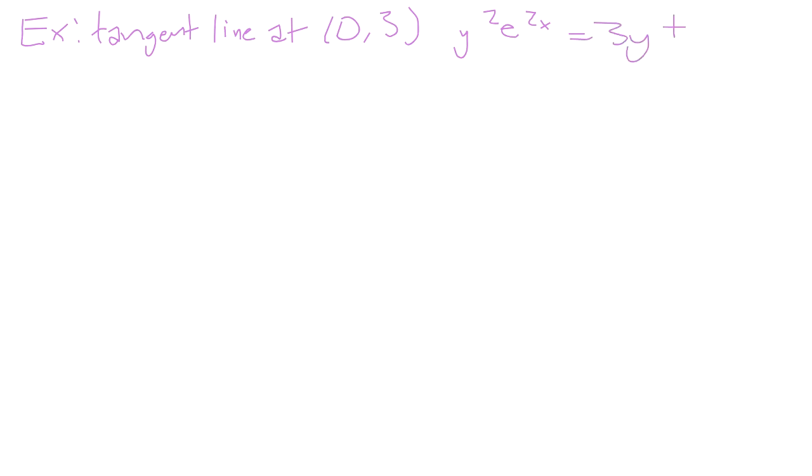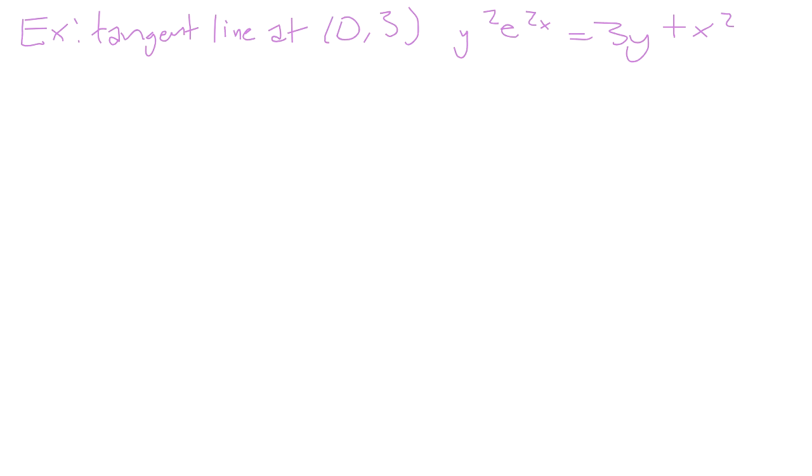So this time, we want the tangent line at (0, 3) of the function y squared e to the 2x equals 3y plus x squared.